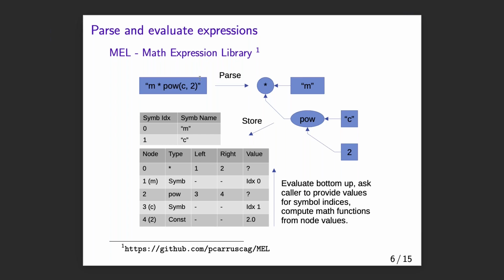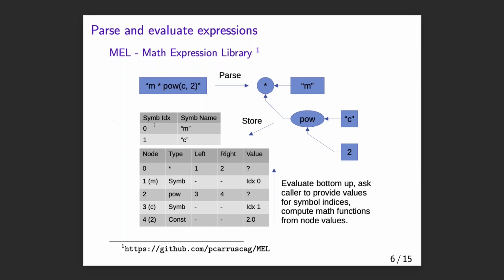And basically what it does is take a string and then split it by operators and functions until you end up with some tree that looks like that. So if you were to compute this, you could think that you would do power of C square, and then times m with the result of this. But this is not stored like this because that's not that efficient.